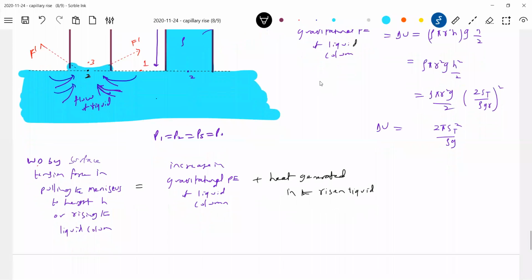So how much is that heat generated? We know work done by surface tension equals delta U plus H. So H is equal to W surface tension minus delta U, which should be equal to 2 pi T square by rho g. So in capillary rise, will energy be released or absorbed? Energy will be released. Shall we put a conclusion?